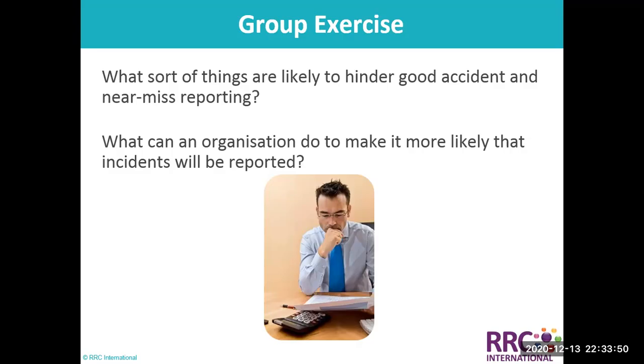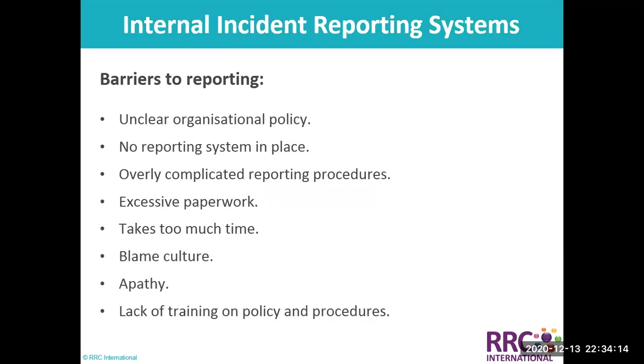Maybe if they do report and the reported issues are not closed out, it brings about people being complacent. So what can be done to make it more likely? Of course, you encourage people, you have to train people, management has to be committed and what have you.